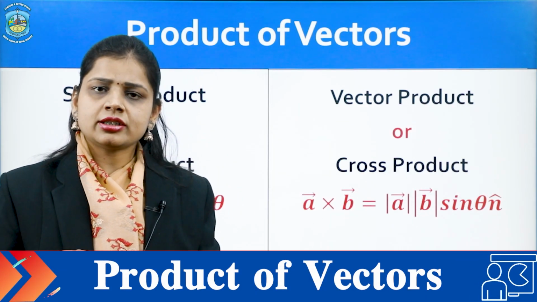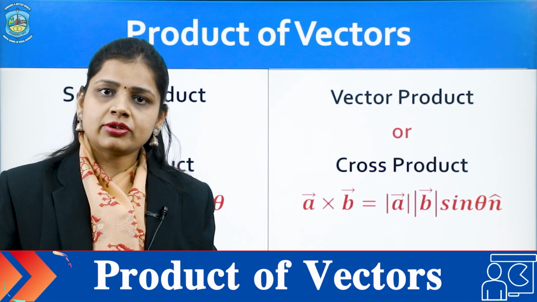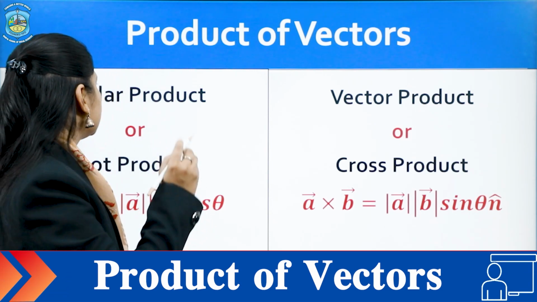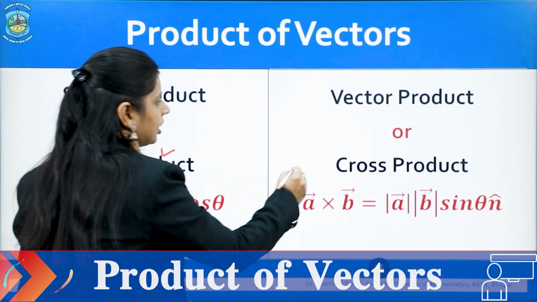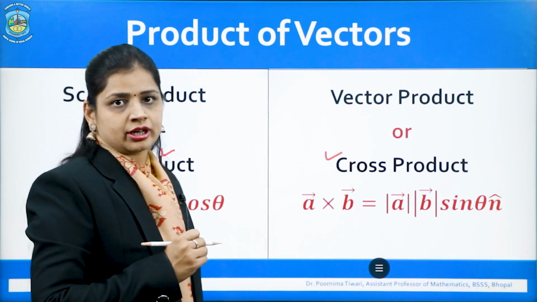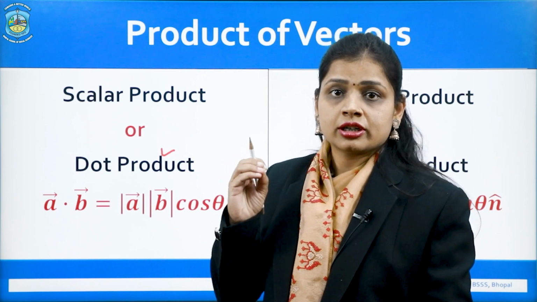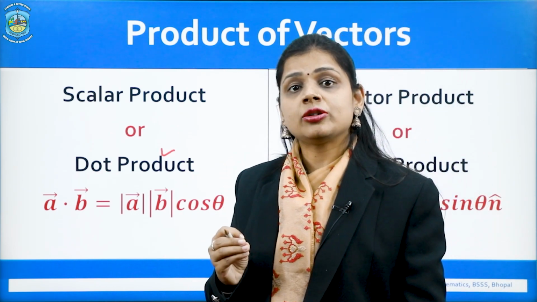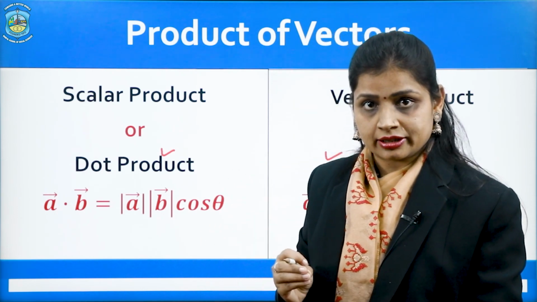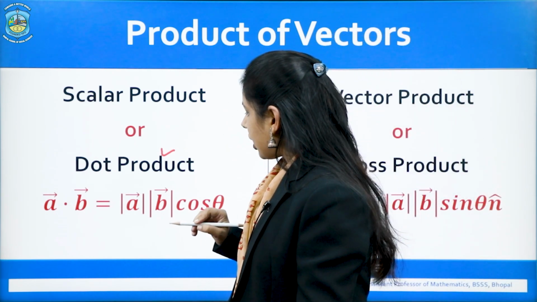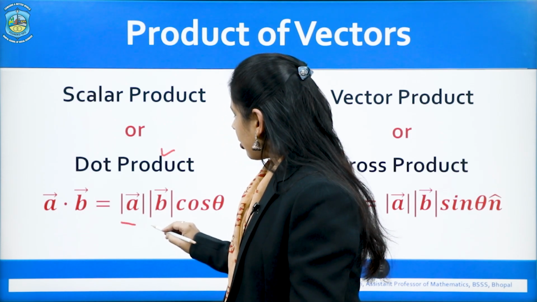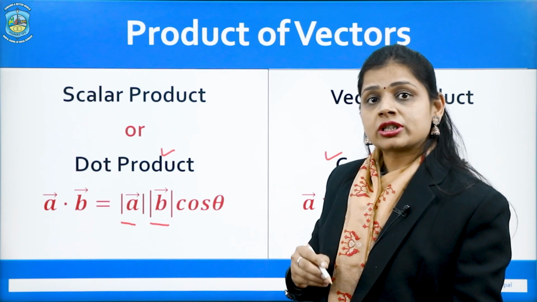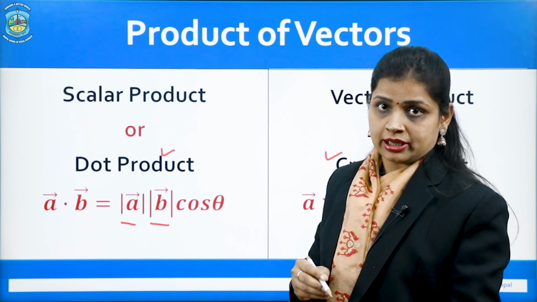Since vectors have magnitude as well as direction, the product of two vectors is of two types, dot product and cross product. Dot product is also called scalar product as the resultant quantity is a scalar. It is given by the product of magnitudes of both vectors and cosine of the angle between them.